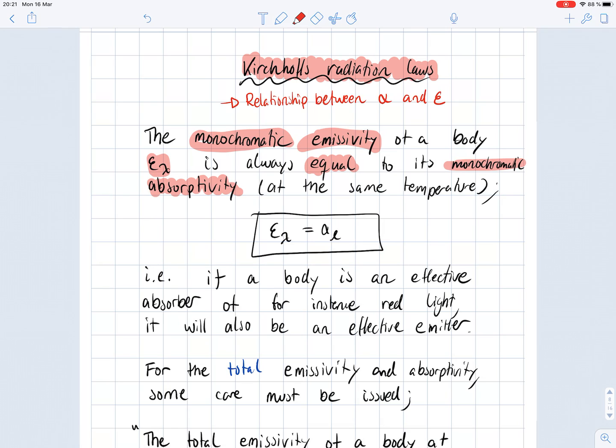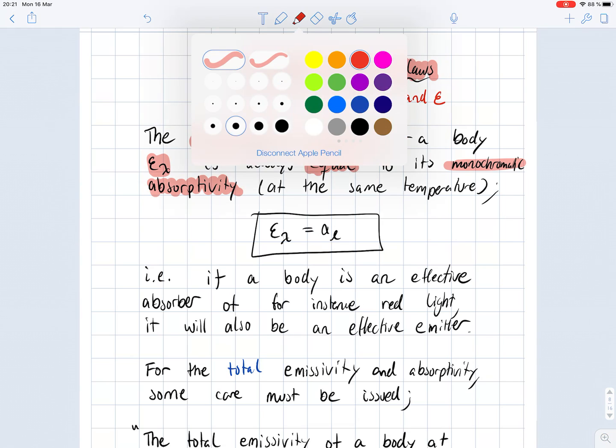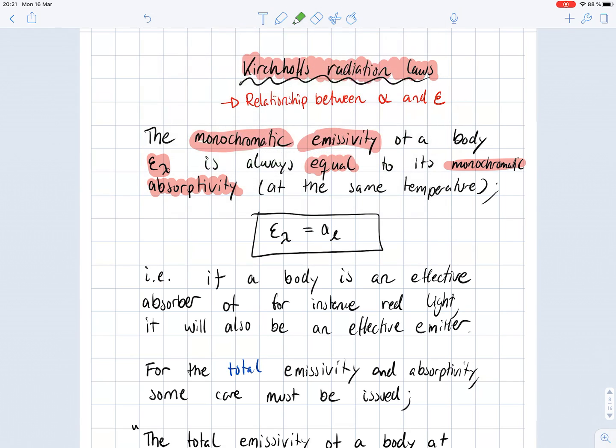Of course, these are temperature dependent properties. So Kirchoff's law tells us that epsilon for this specific wavelength equals alpha at the same wavelength, lambda.